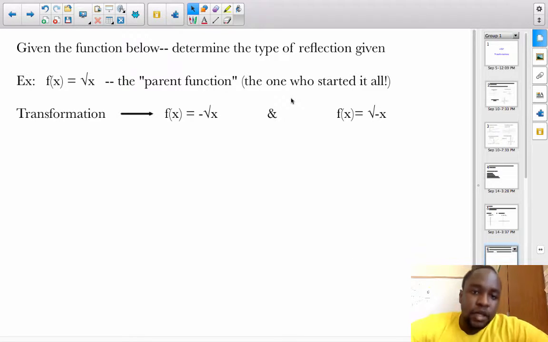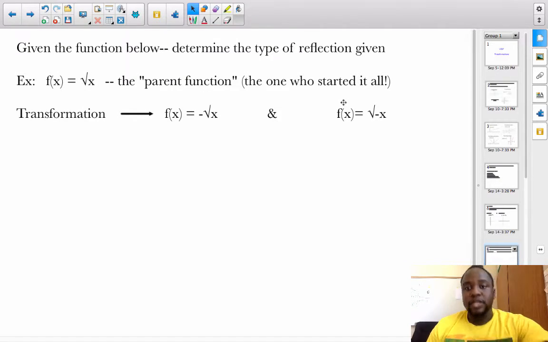Okay, so given below, determine the type of reflection given. So example, f of x equals the square root of x is the parent function, the one that starts it all. And then we have f of x equals negative the square root of x. Having f of x equal negative the square root of x, that is a transformation over the x-axis.